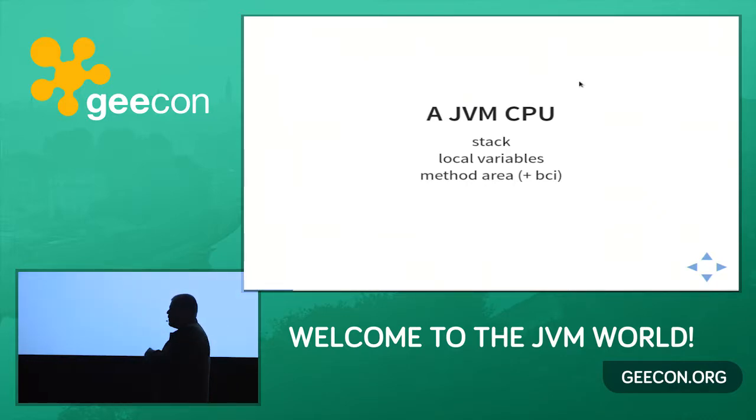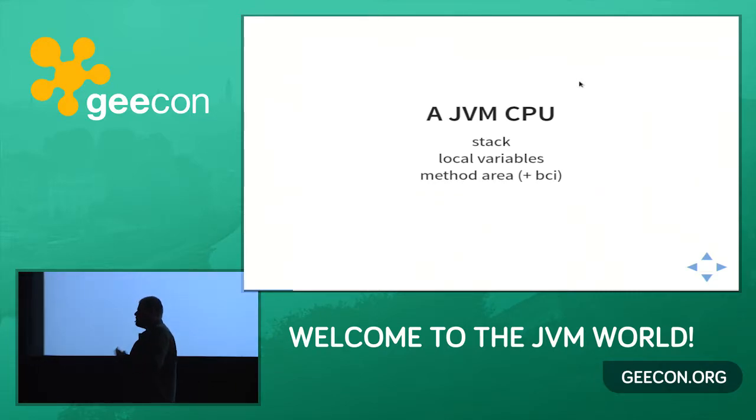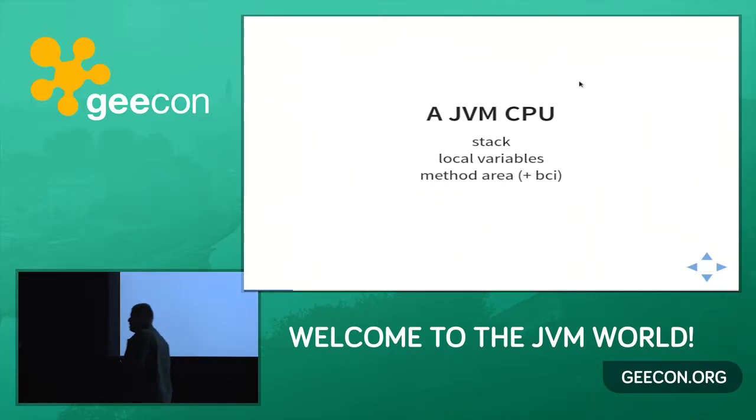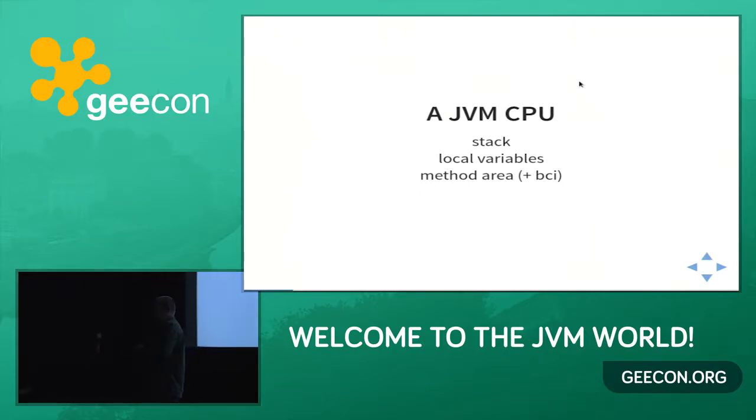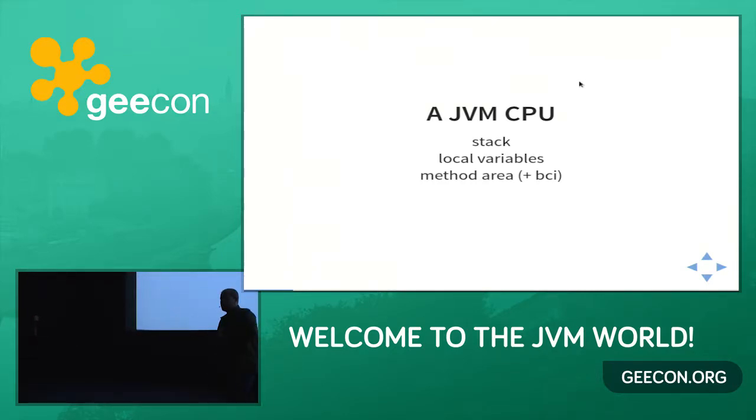Actually, you can think about the JVM as a CPU. A kind of unusual CPU. Why is it unusual? Because regular CPUs are register-based. You have registers, accumulators, and all these kinds of things.